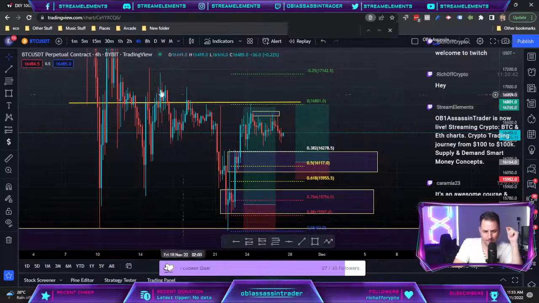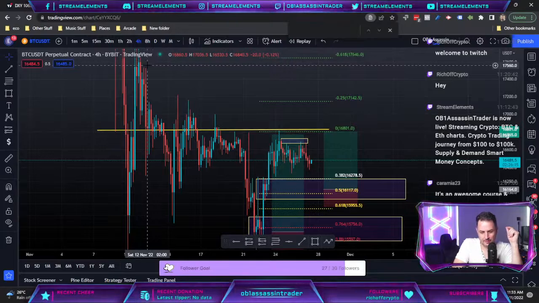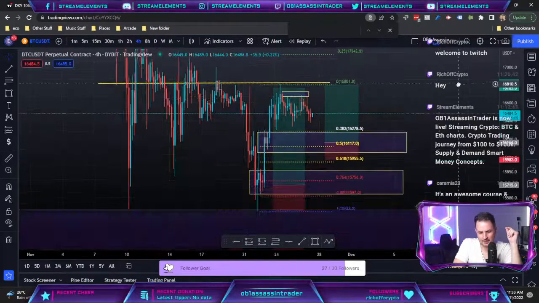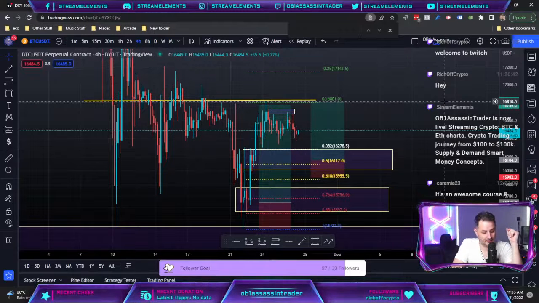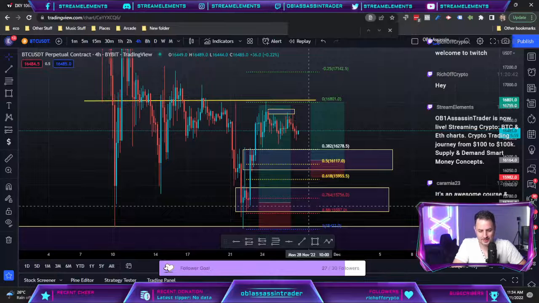However, we are seeing bearish tendencies overall on the 4-hour chart. So once I get my trade, the first thing that I'm going to be doing is looking for opportunities to bulletproof my trade. And what do I mean by that? I want to make sure, because we're hitting this origin a second time.